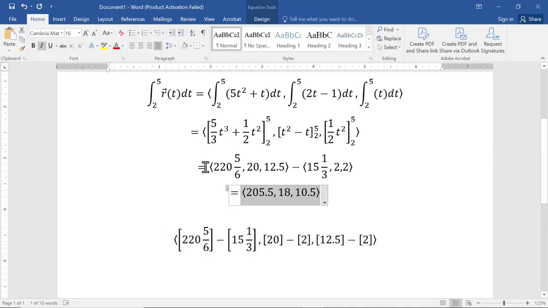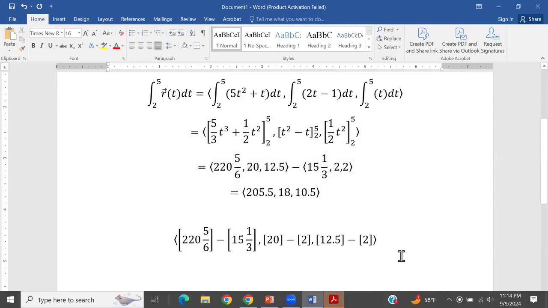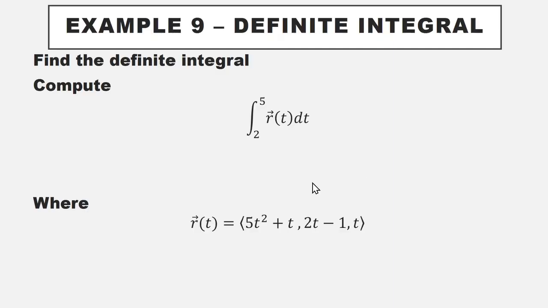Other people like to write that step this way. I kind of like this vector minus vector. Plug in the 5s, get a vector, subtract, plug in the 2s, get a vector. So that's how we do a definite integral with a vector valued function.